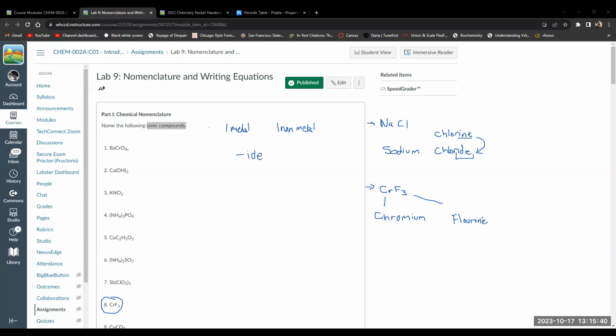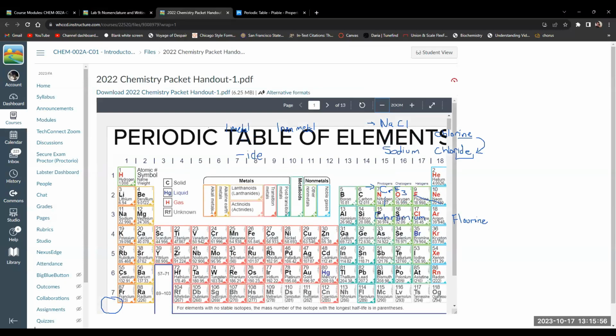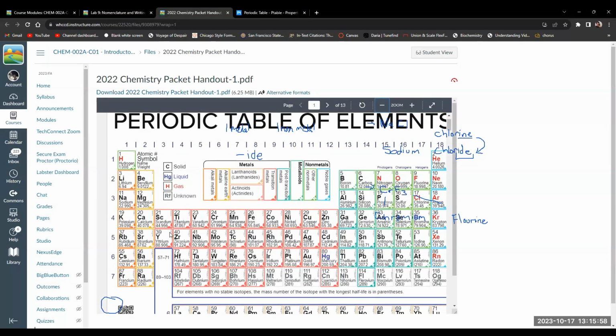One interesting thing about this one is that chromium is actually a transition metal. Transition metals are metals that are located in the middle of the periodic table. So this giant red block, those are transition metals, and those are going to behave a little differently.